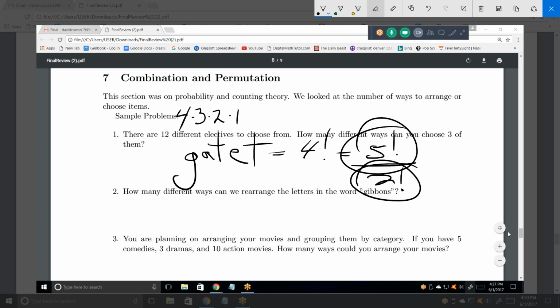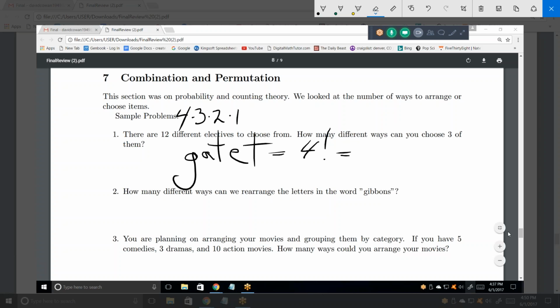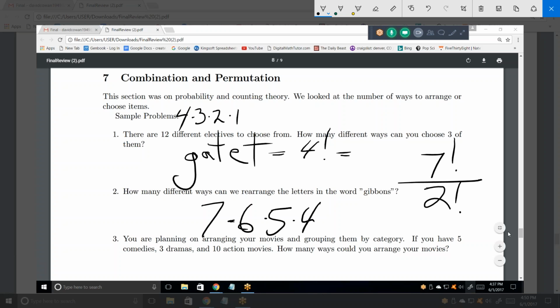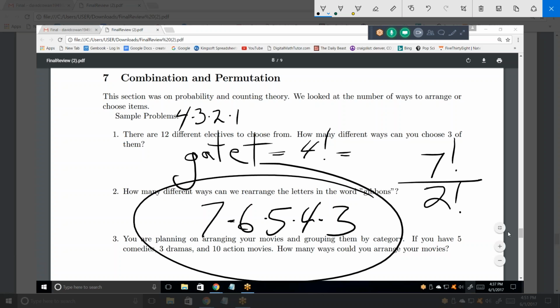So for Gibbons, there's 1, 2, 3, 4, 5, 6, 7 letters. So it's 7 factorial divided by 2 factorial, since there's only 2 duplicates. So the answer would be 7 times 6 times 5 times 4 times 3. That's how many different ways you could rearrange the letters.